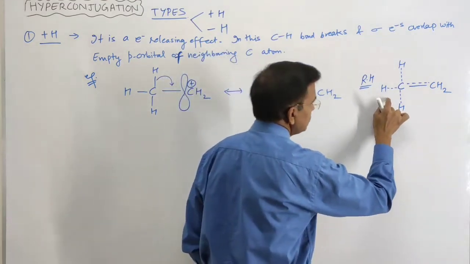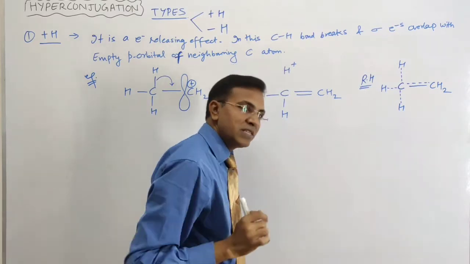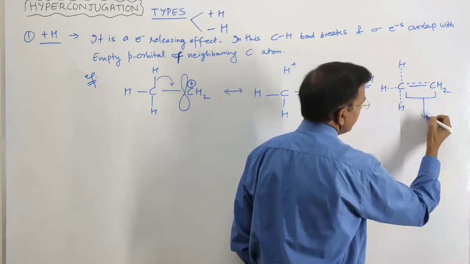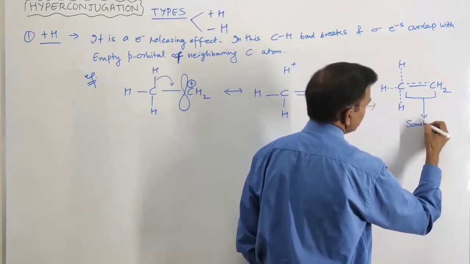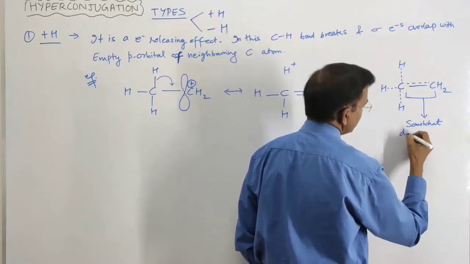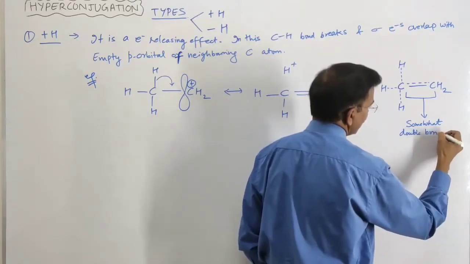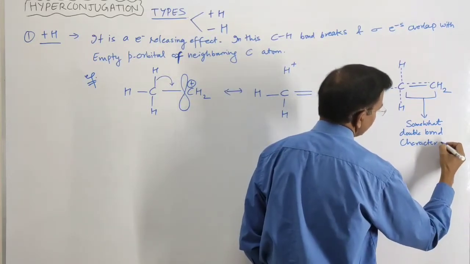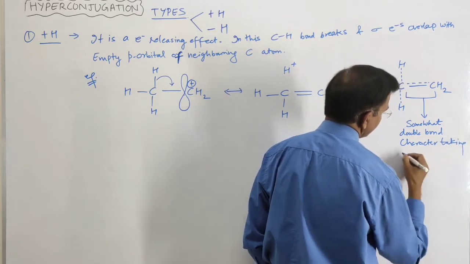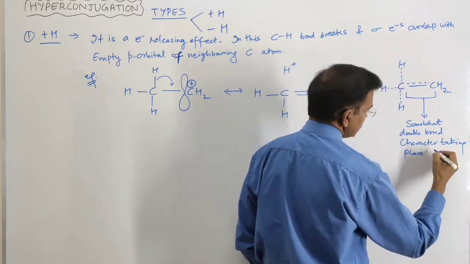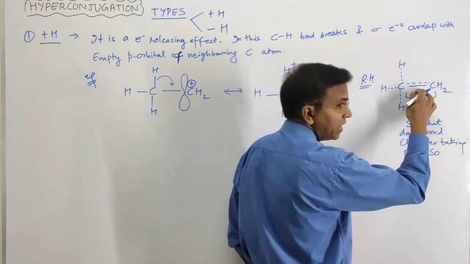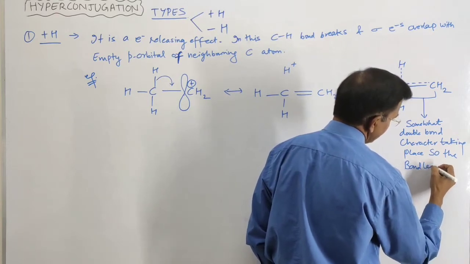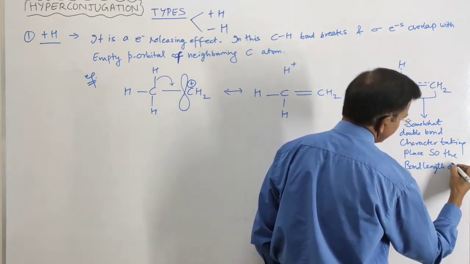So this is the resonating structure, and because of it you may observe that between C and C somewhat double bond character is there, and that's why the bond length decreases.